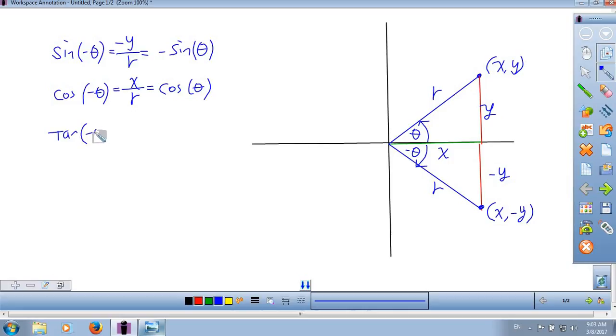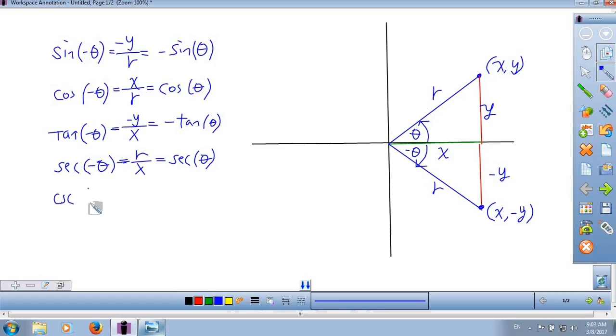What about tangent of negative theta? Tangent has to do with y over x, so it becomes negative y over x, the opposite of tangent of theta. So tangent of negative theta is equal to the opposite of tangent theta. What about secant? Secant of negative theta is r over x, so that's the same as the secant of the regular theta.